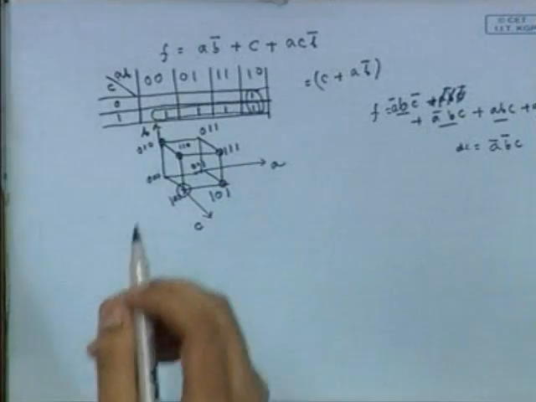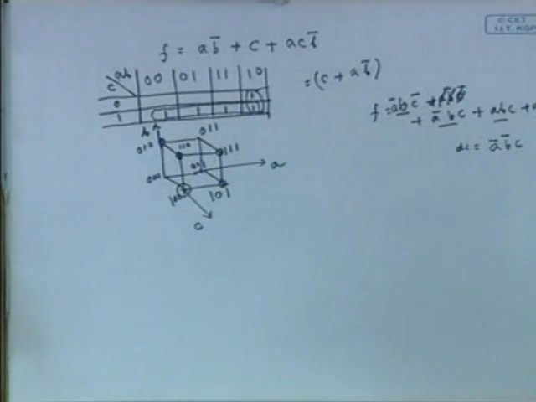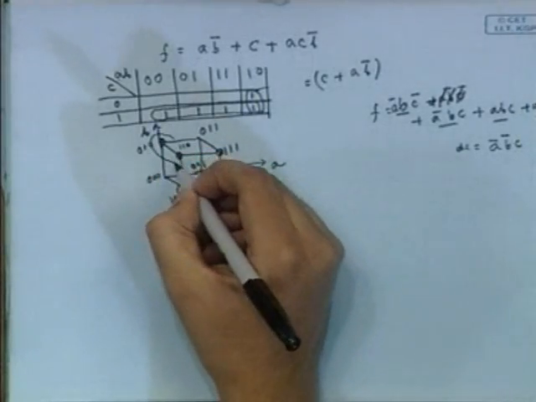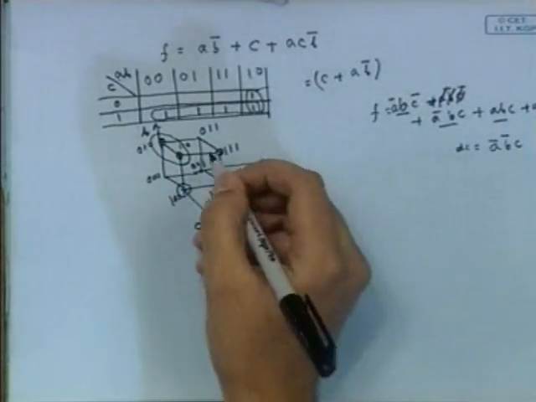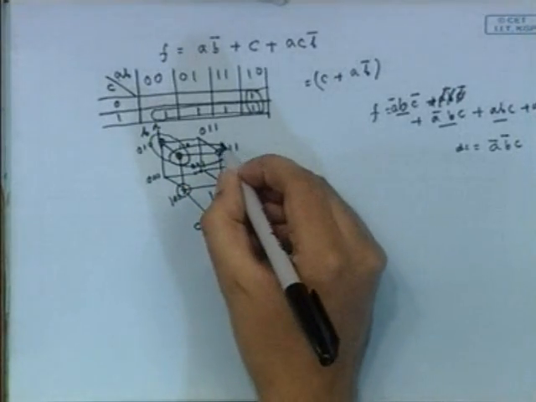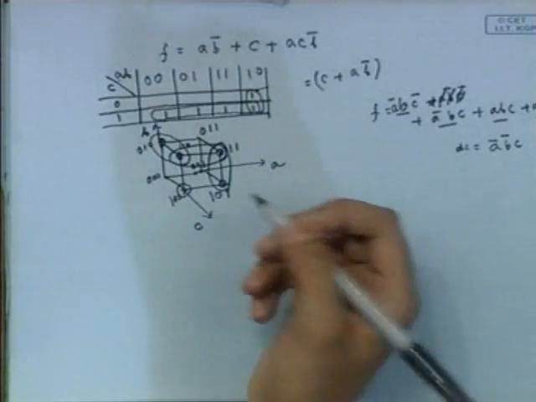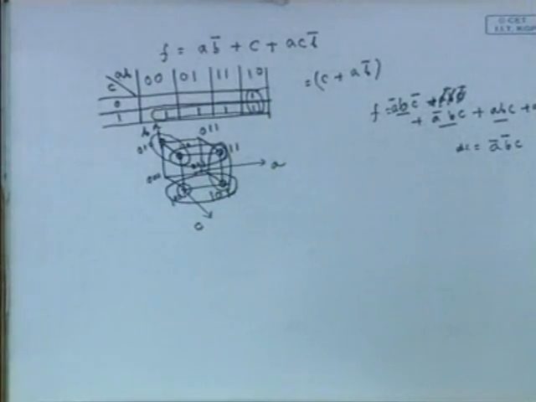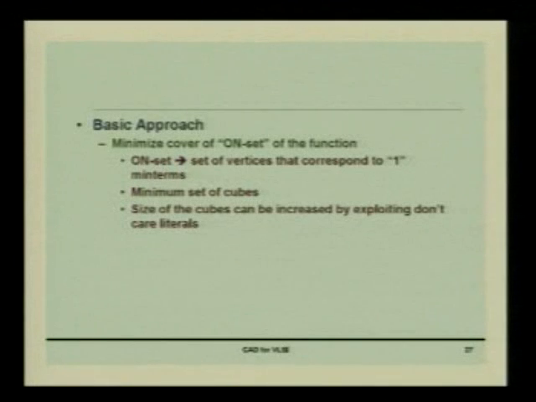So we will encircle the adjacent points in the hypercube. So this one is a cube, this one can be a cube, this one can be a cube, this one can also be a cube. Since this is a don't care term, we can encircle that. Okay, the basic approach you can see.